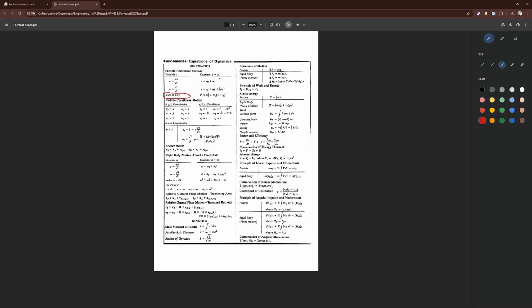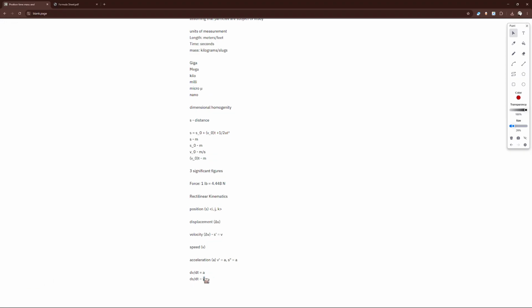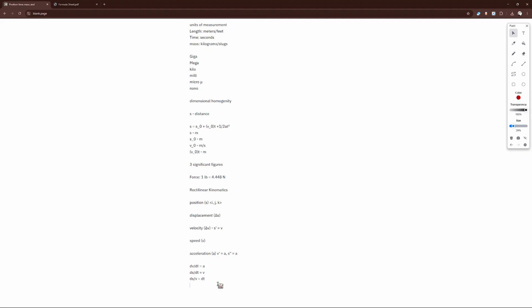A ds is equal to V dV. Because you get them equal to dt, so ds over v equals dt, and dv over a equals dt, right? Now you have two equations that are equal to each other. ds over v equals dv over a. And then you just rearrange the formula, you get a ds equals v dv.